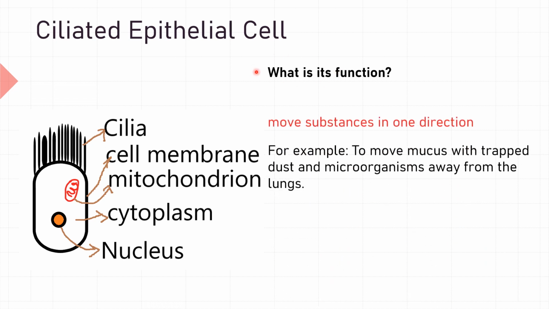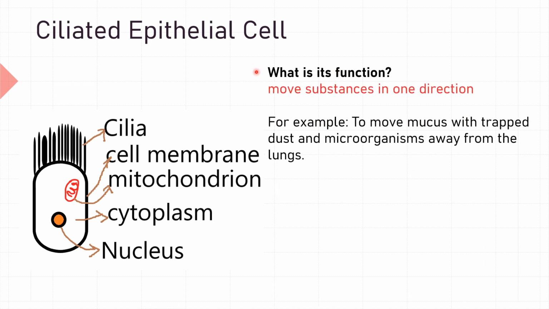Like we already mentioned, what is the function of this cell? The function is to move something in one direction, like the movement of mucus in the nose or the movement of the egg in the oviduct. If you know the function, which is movement of substances, then it will be much easier to explain how they are adapted for this function.